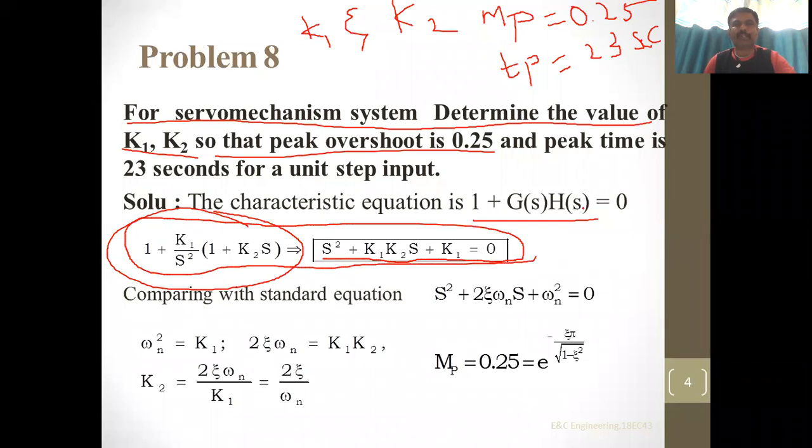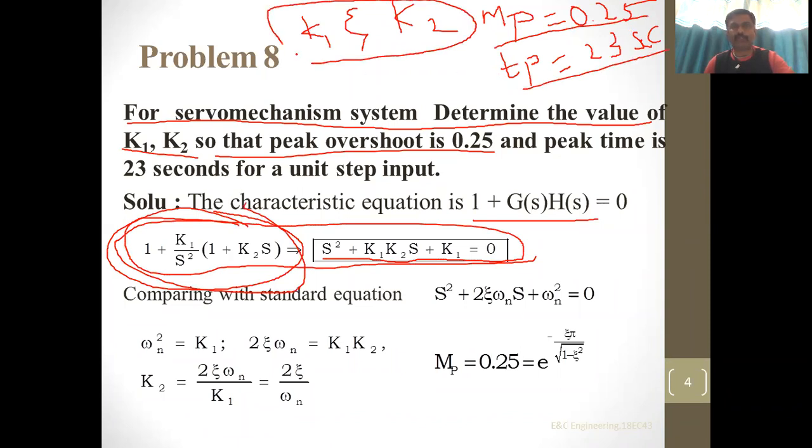Now in the problem, this characteristic equation is given along with MP and TP. We need to find the constant values K1 and K2 by using these given parameters. Is it okay? After simplification, using this relation 1 plus G of S into H of S, the characteristic equation takes the form S square plus K1 into K2 S plus K1 is equal to 0.